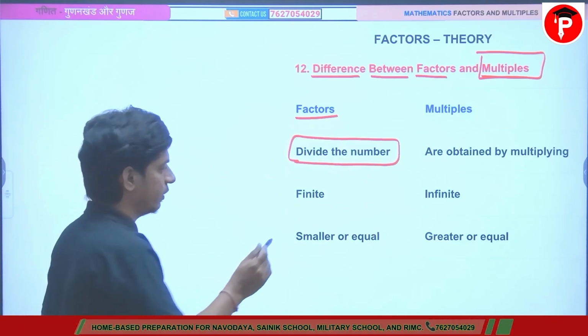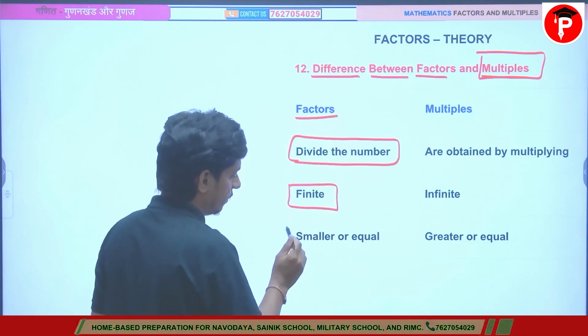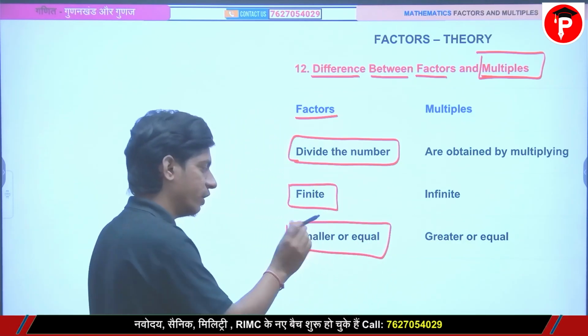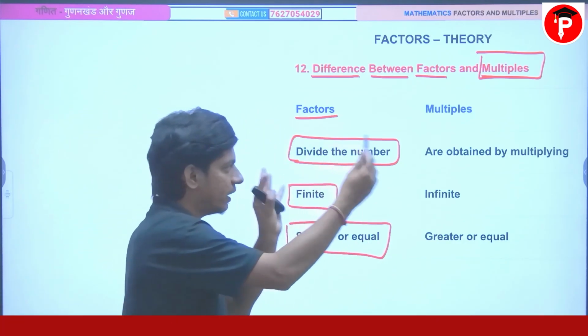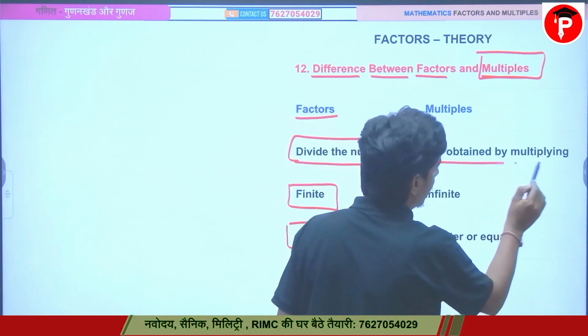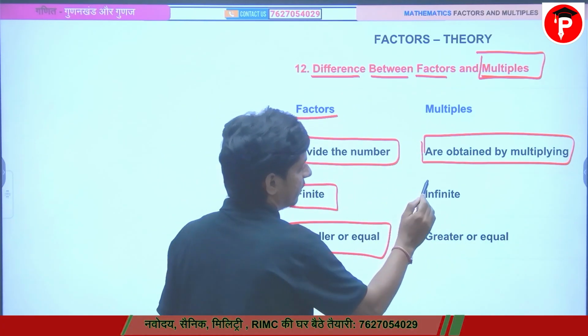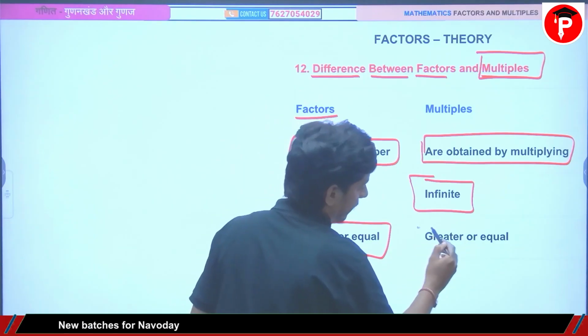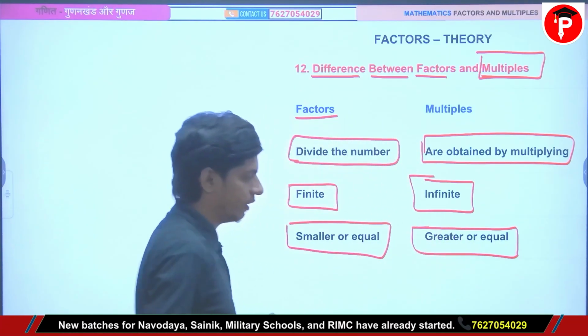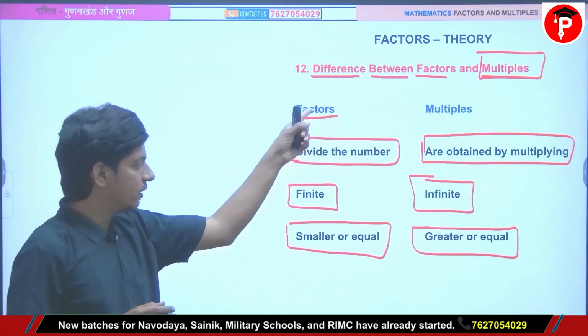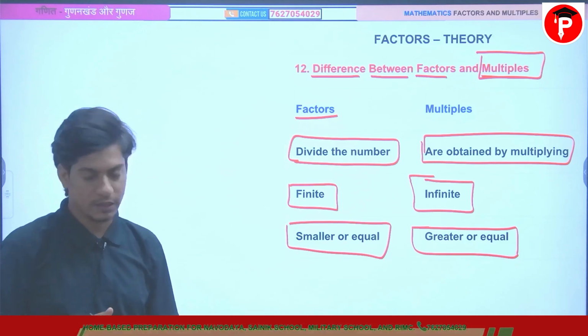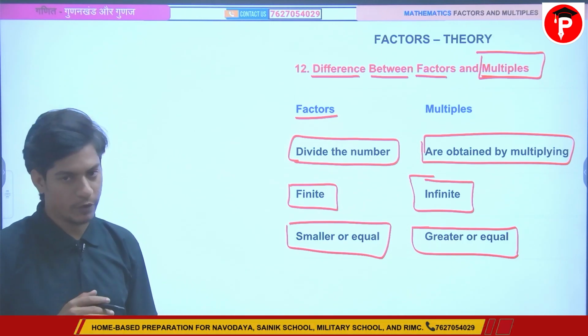Factors are finite and smaller than or equal to the given number. On the other hand, multiples are obtained by multiplying the number. These are infinite and greater than or equal to the given number, while factors are smaller than or equal to it. Got this? We are moving to the next.